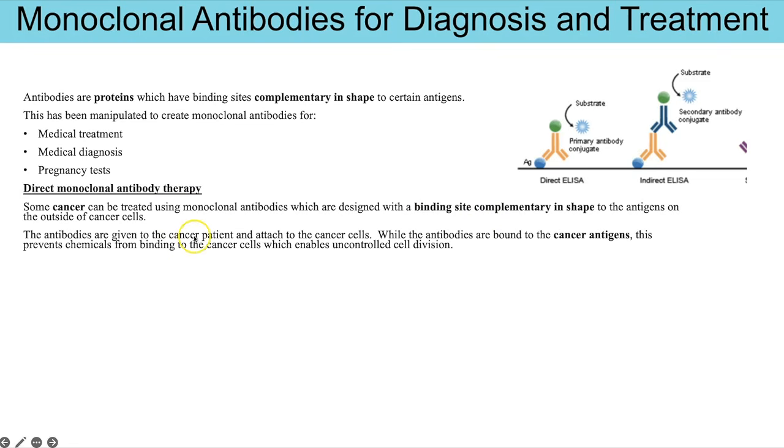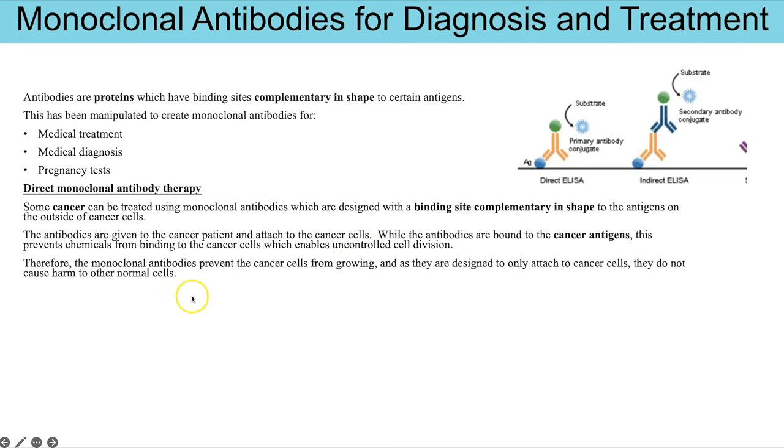The antibodies are given to cancer patients and attached to the cancer cells. While the antibodies are bound to the cancer cells, this prevents chemicals from binding to the cancer cells, which enables uncontrolled cell division. Therefore, the monoclonal antibodies prevent the cancer cells from growing, and as they are designed to only attach to cancer cells, they won't affect other normal healthy body cells.